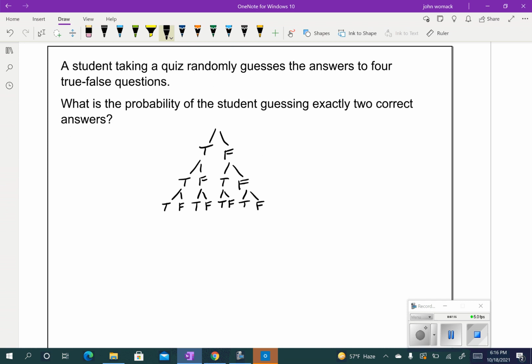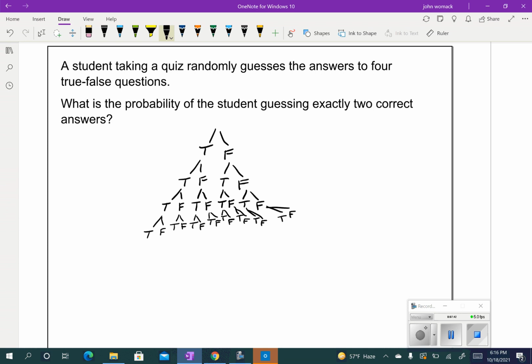There's 3 questions. The 4th question, true, false, true, false. Running out of room here. I'm just going to squeeze it in there. True, false, true.